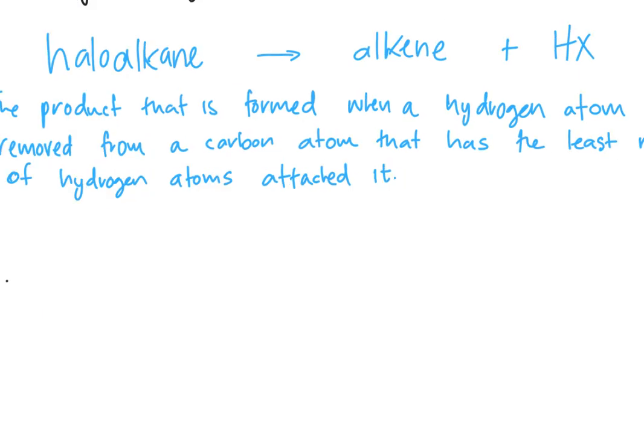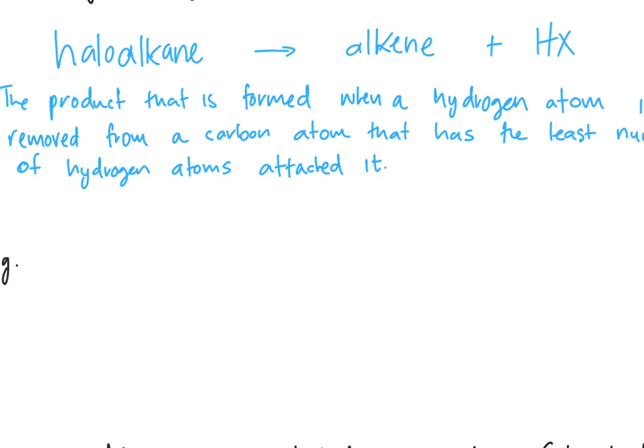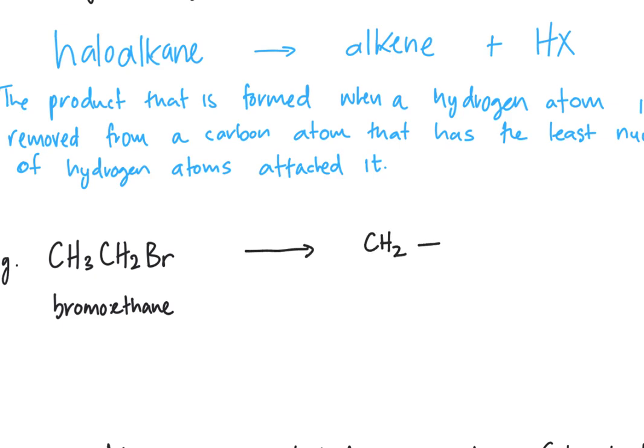Okay, so if I had a haloalkane, I could have CH3CH2Br, and that is bromoethane, and that would give me an alkene. So it would give me CH2=CH2 plus NaBr.